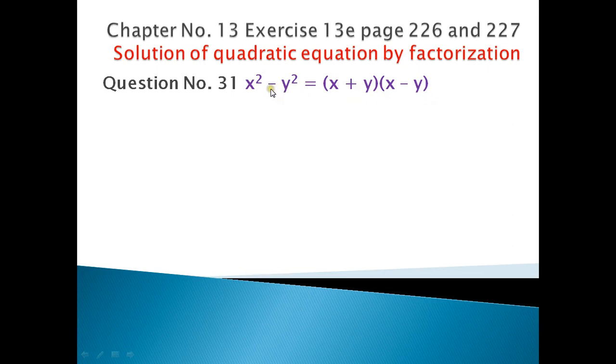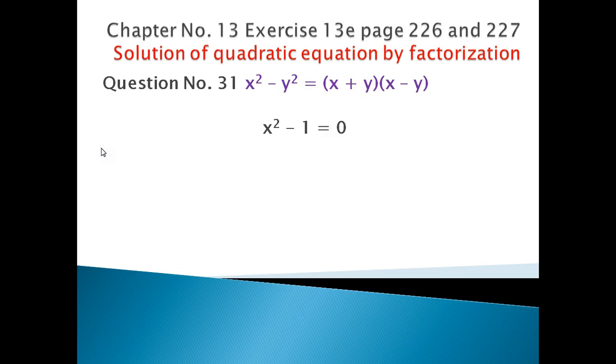Here there should be a negative sign. If there are two squares and a negative sign between the two squares, you can factorize this kind of expression as x plus y into x minus y. When you multiply x plus y by x minus y, it will be x square minus y square. Reverse. So let's see the next question.